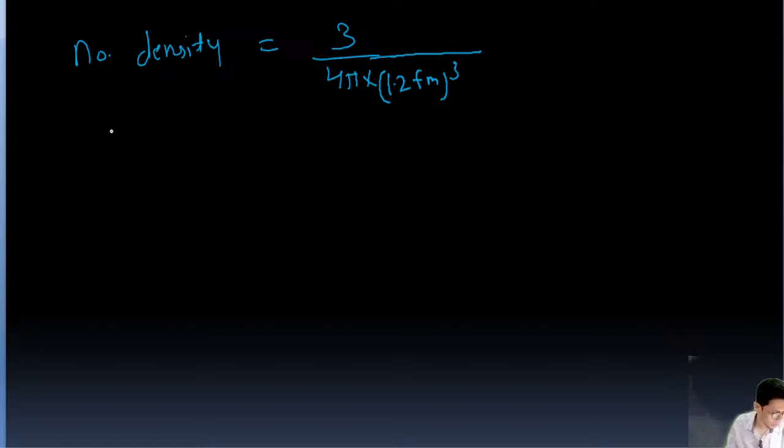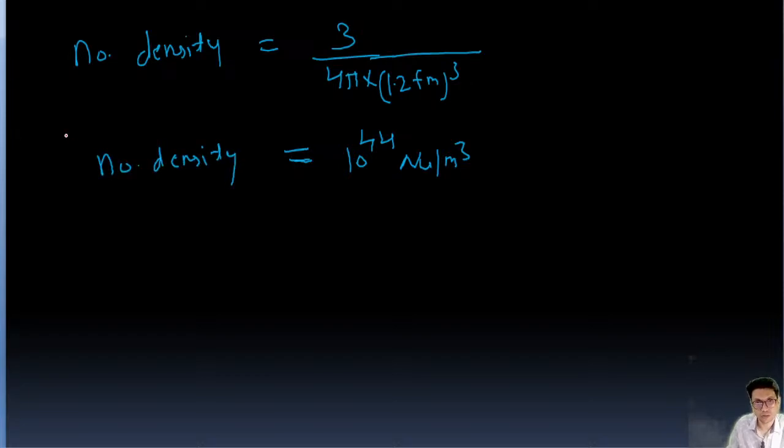If you calculate it, this is going to be almost equal to 10 to the power 44 nucleons per meter cube. This is a very important result, guys, number density.